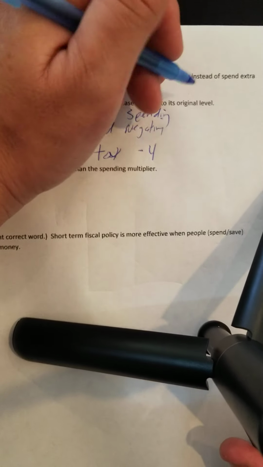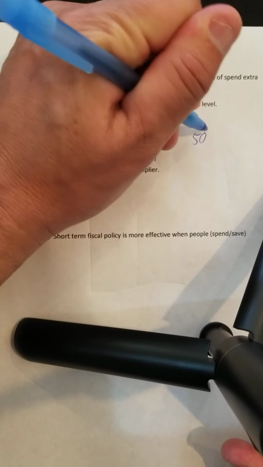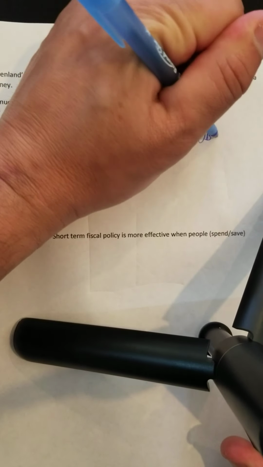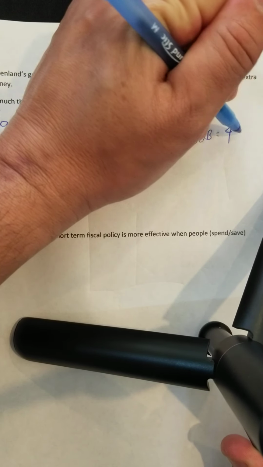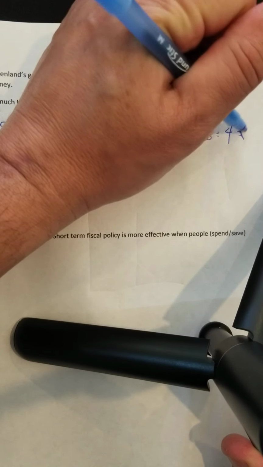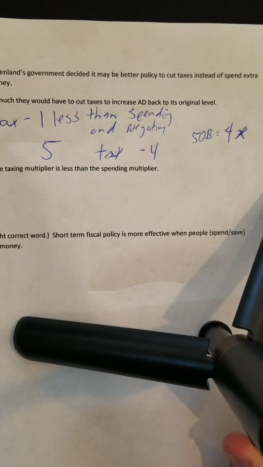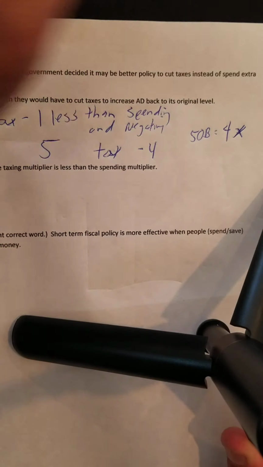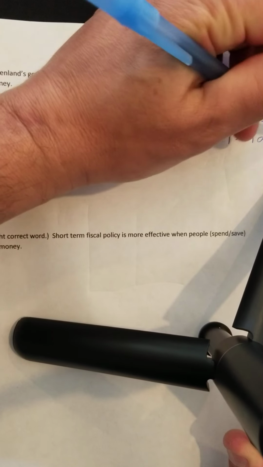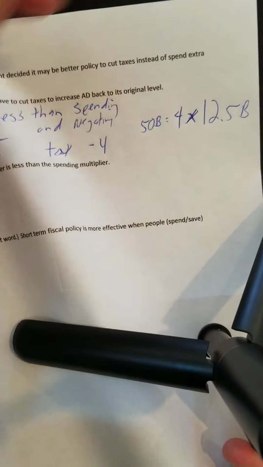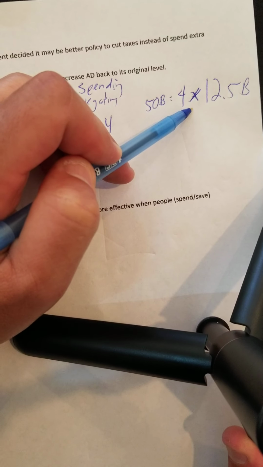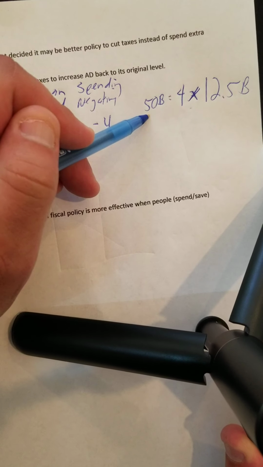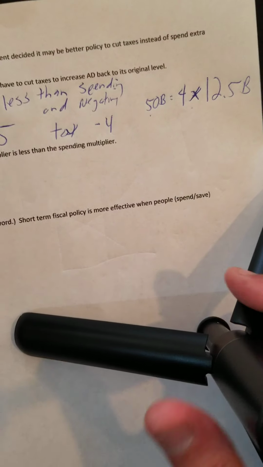We have the same $50 billion recessionary gap. So now our multiplier is 4. How much would taxes have had to be cut? I think it's 12.5 billion. So 4 times 12.5 billion would make up the $50 billion recessionary gap that we were in.